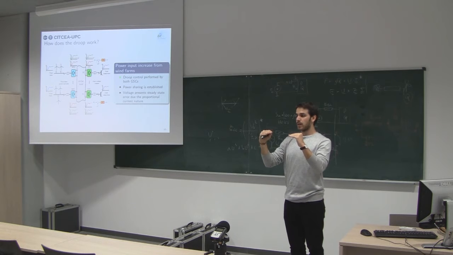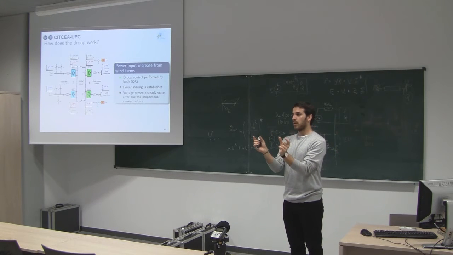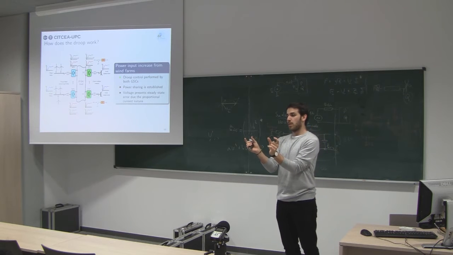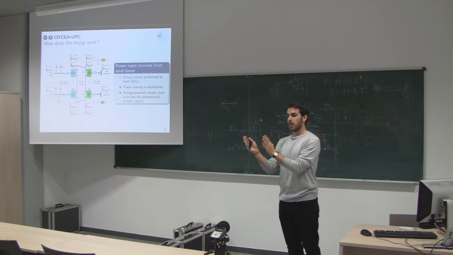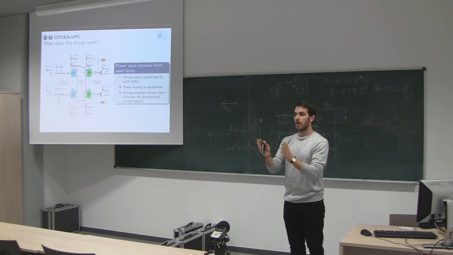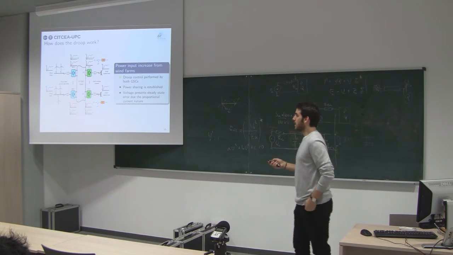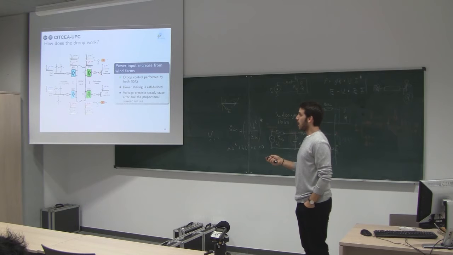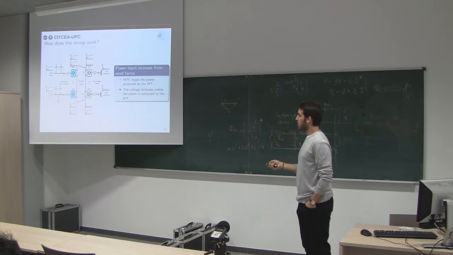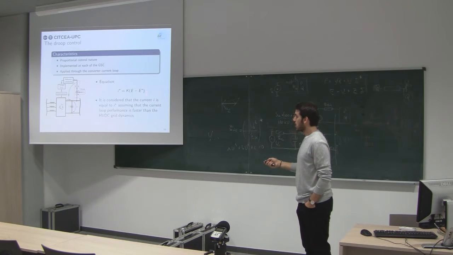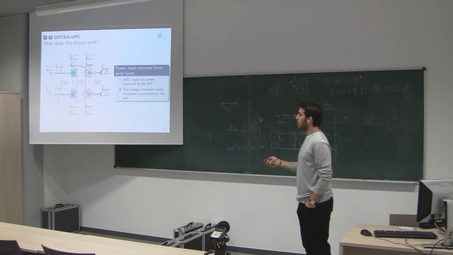Based on that, you calculate the difference from the reference value, which is 1 per unit, so it's 0.05 per unit, and then you multiply that by a constant K that can be equal in both cases. Let's say 1, for example. That is exactly what you are extracting to the grid. So with this structure, you are extracting this current to the grid.